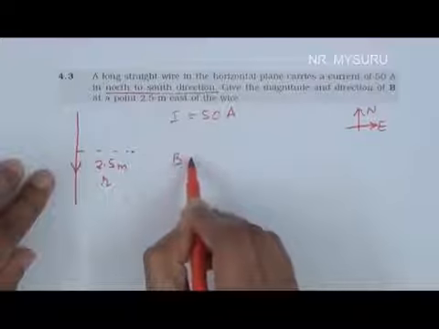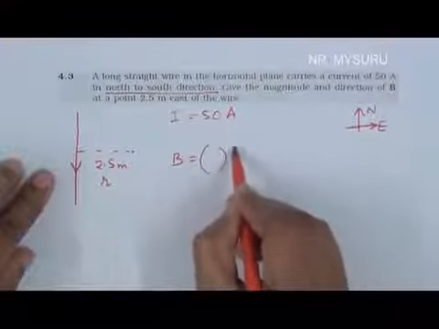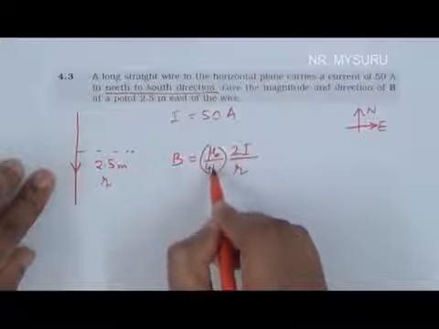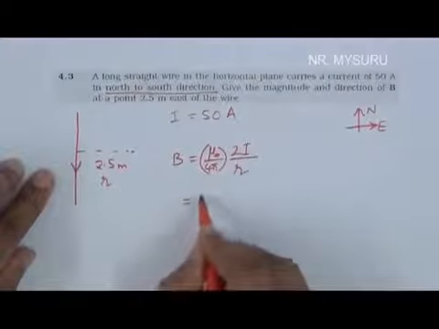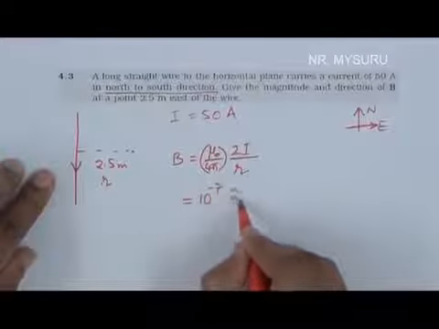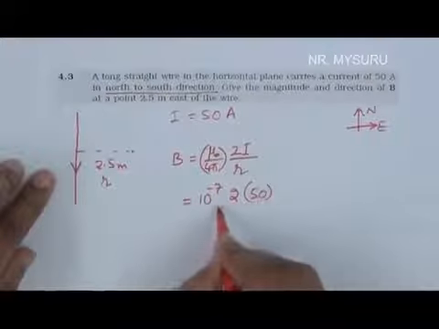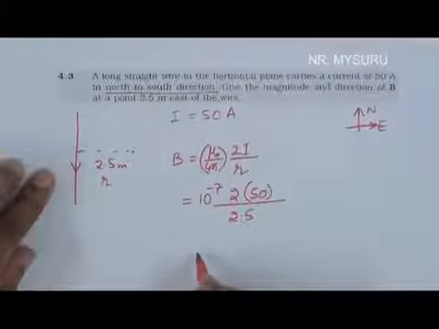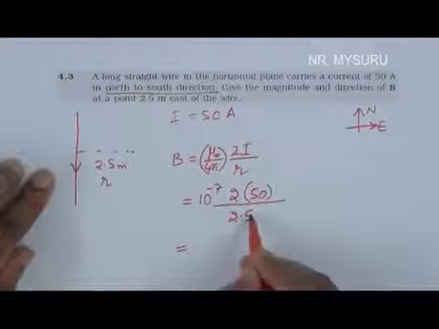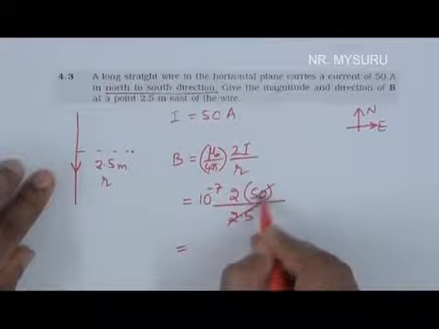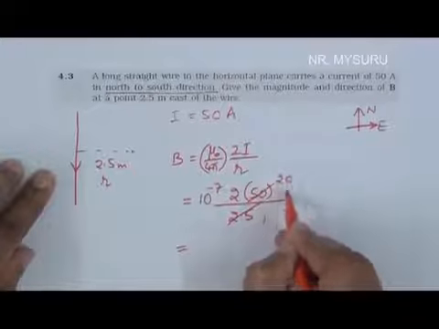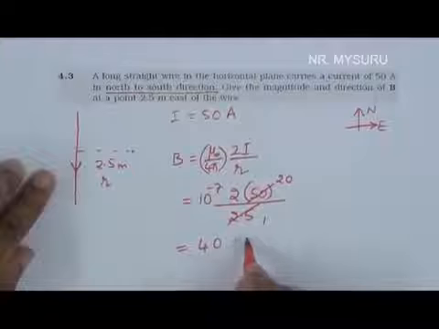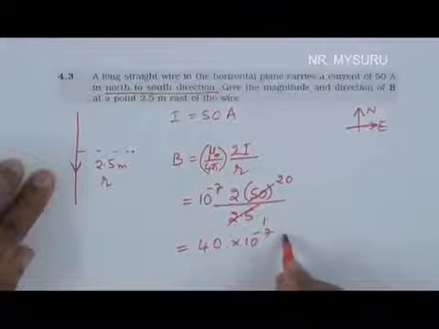Therefore, magnetic field is given by constant × 2I by R. This is μ0 by 4π, equal to 10 power minus 7 times 2, current is 50 divided by distance 2.5, equal to 40 × 10 power minus 7 Tesla.